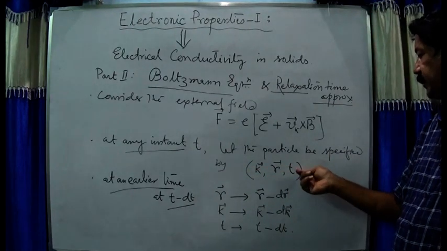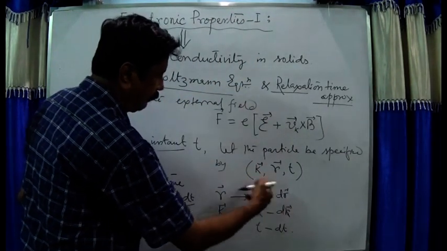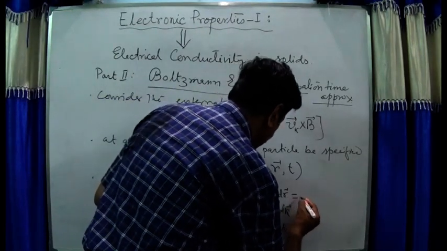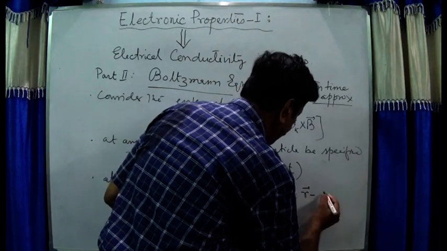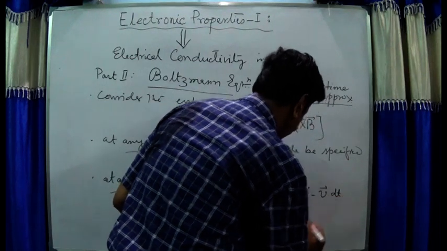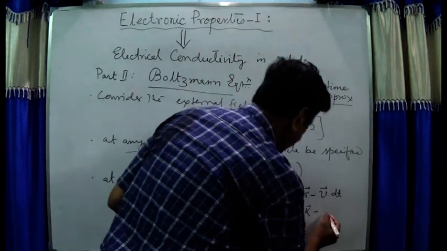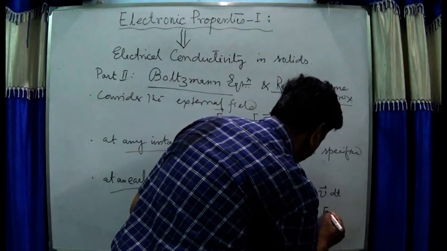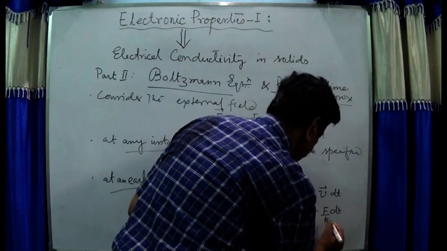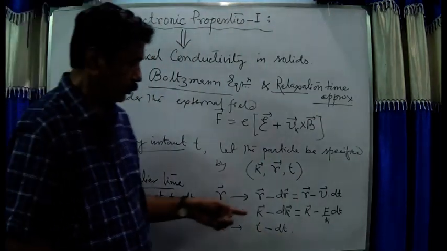This can also be written as r minus v dt, k minus F dt by h-bar, and t minus dt.